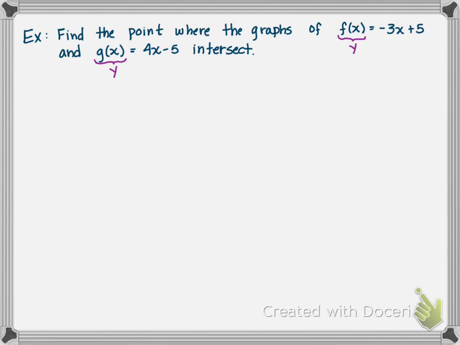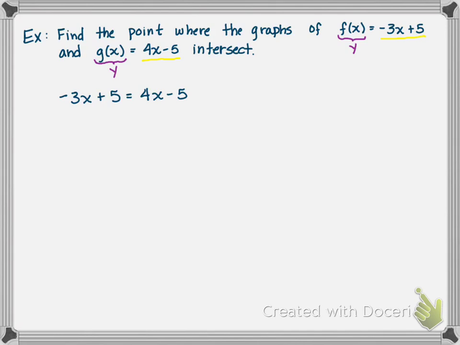So y is both equal to negative 3x plus 5 and also 4x minus 5. And so we're going to just set the outputs equal to each other. So we can say negative 3x plus 5 equals 4x minus 5. Right? Because this is the output of one function, this is the output of the other function, and I want the outputs to be the same.